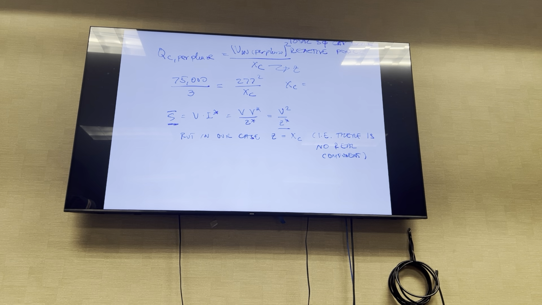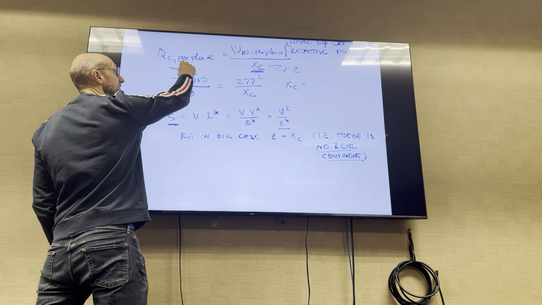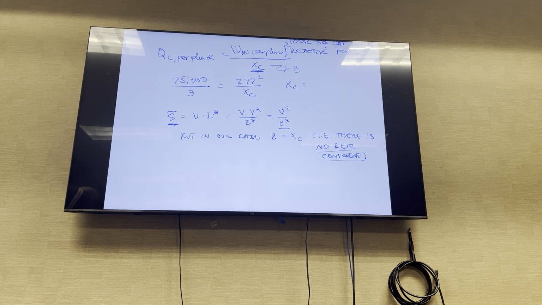In this case, I've already taken care of that because there's no real component. This is just a constant. This is not a complex number, right? I've extracted essentially just the second term here. So I have V squared over X, let's call it plus R.